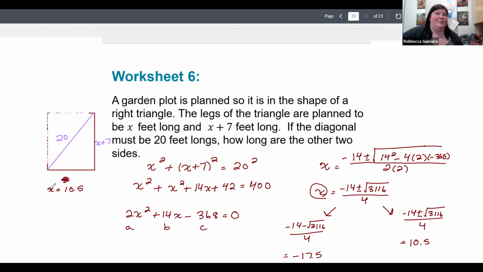So this side is actually 10.5. And this side, because we have that x plus 7, that should be 17.5. So it should be 10.5 feet and 17.5 feet.